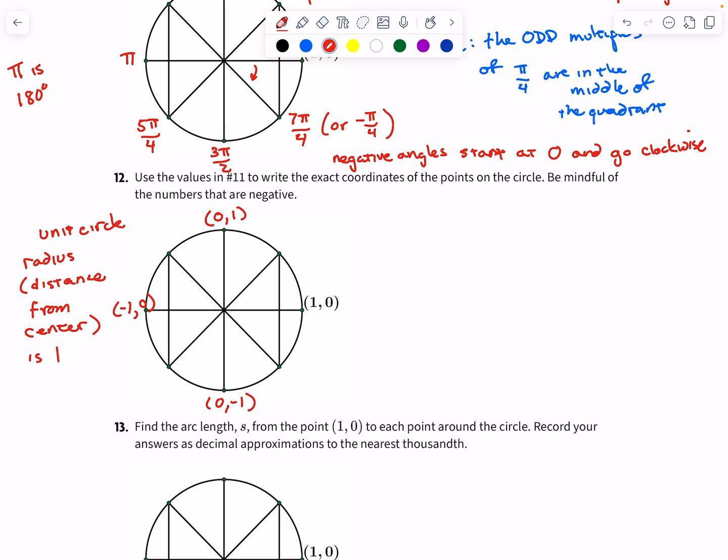What's the points at 45 degrees? Oh yeah, root 2 over 2's. This is still up, but it's left and up. So negative root 2 over 2, but still positive root 2 over 2. This quadrant, both things are negative.